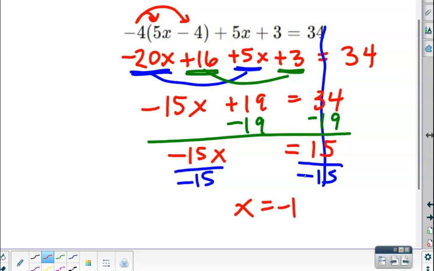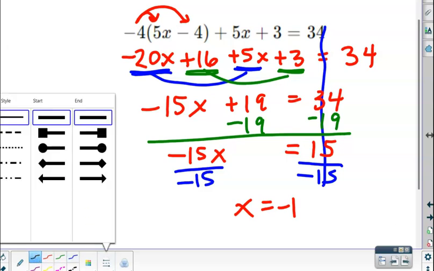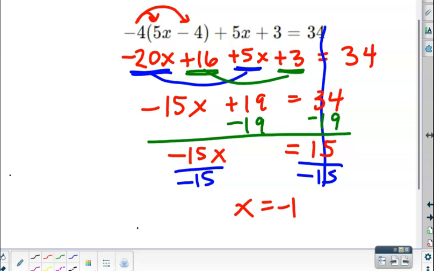Now I'm going to do a check step. A check step is when you rewrite the problem from the beginning, but instead of the x, you replace it with parentheses and your answer. So our answer was -1.